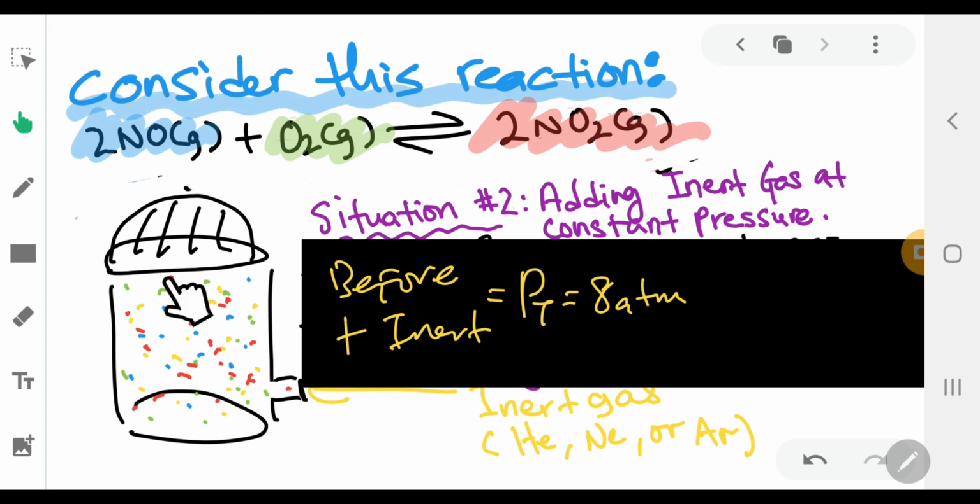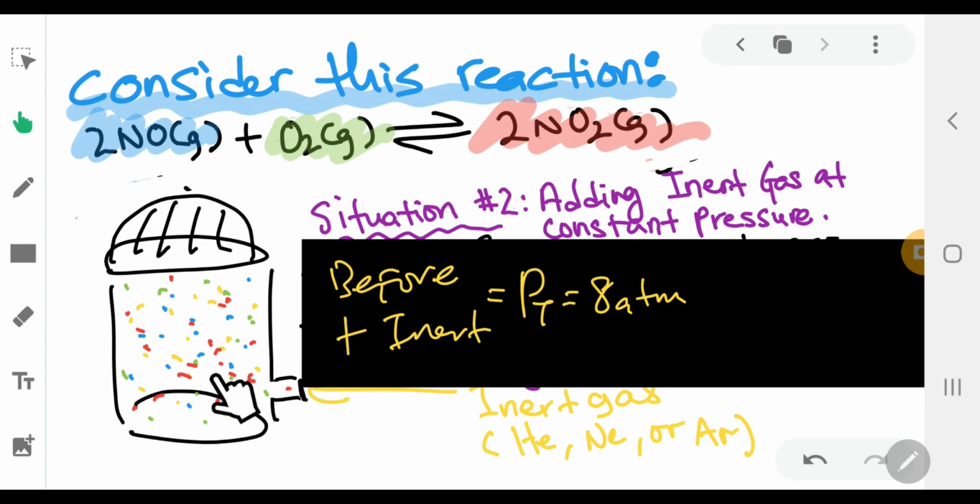If you don't change the volume of your vessel and you keep on adding inert gas, your P total will increase. So how do you make the P total constant when you keep on adding inert gas inside? You have to increase the volume of the vessel.